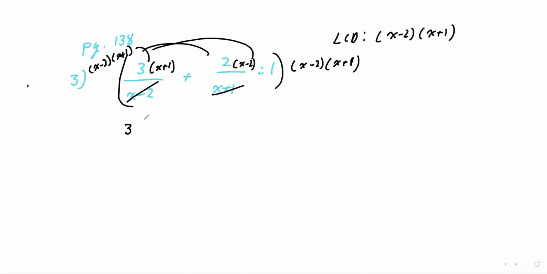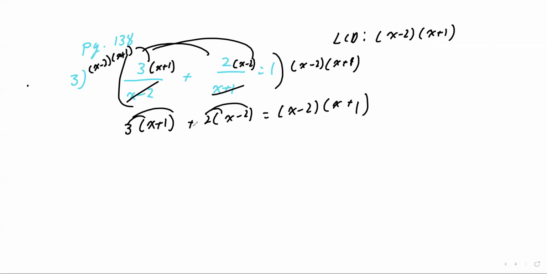So therefore, I have 3 times x plus 1 plus 2 times x minus 2 equals x minus 2 times x plus 1. So I distribute to get rid of parentheses. So that's 3x plus 3 plus 2x minus 4 equals. FOIL this out.